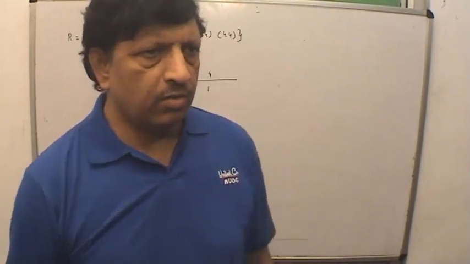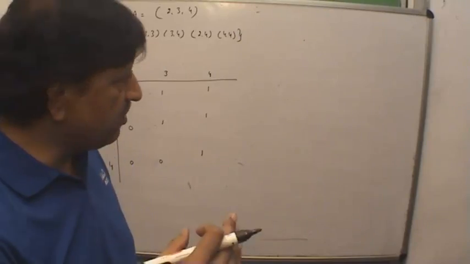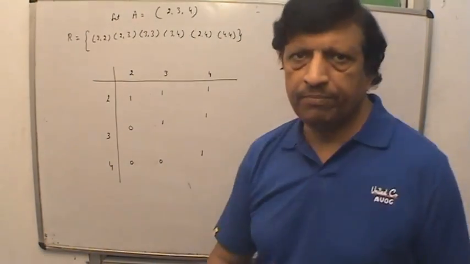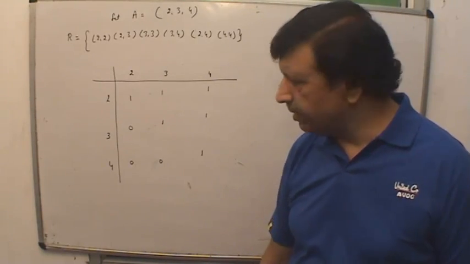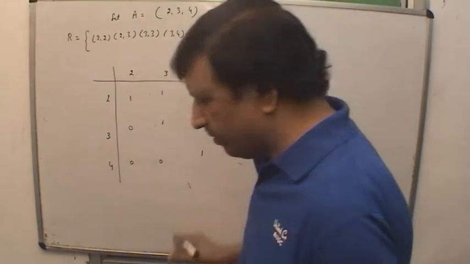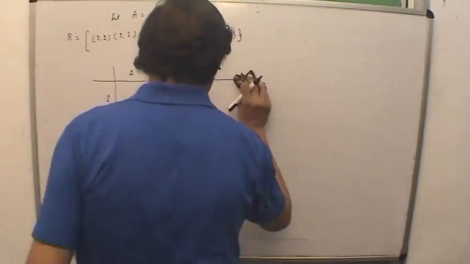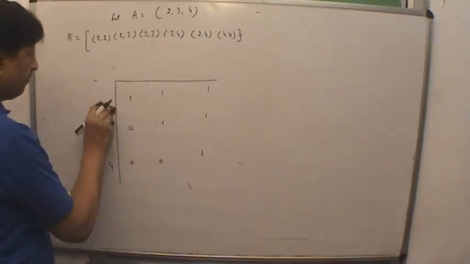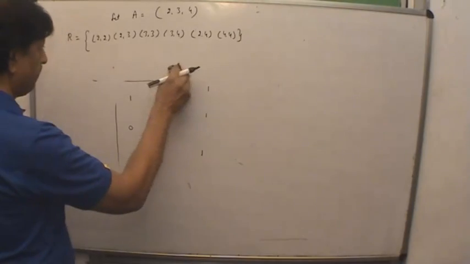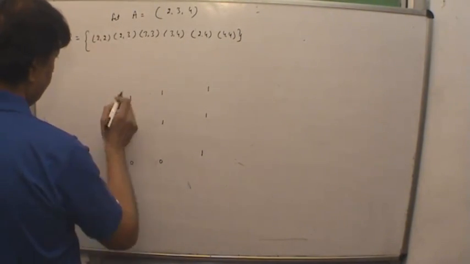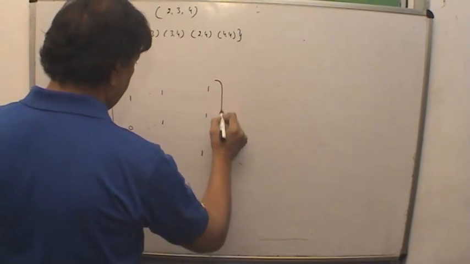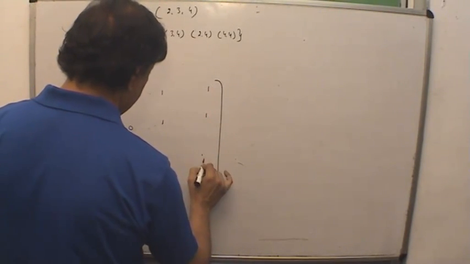Simple. Those ordered pairs which are present, we represent by 1, and those which are absent, we represent by 0. And if we remove this, the remaining, we can convert it into the matrix form like this.